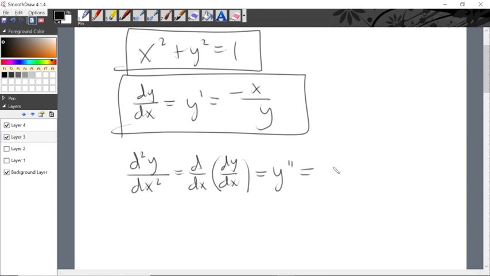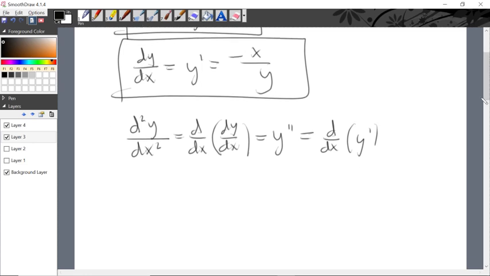So this is the first derivative with respect to x of y prime. And y prime is now a function of both x and y, and y is an implicit function of x. So in the differentiation of y prime with respect to x the second time, we're going to have to treat y as an implicit function of x.